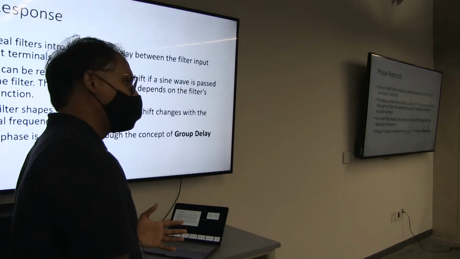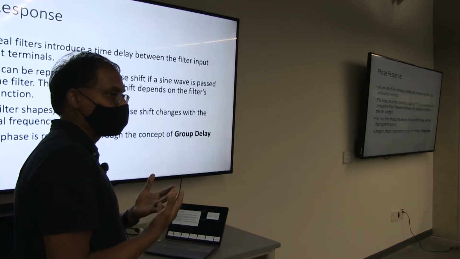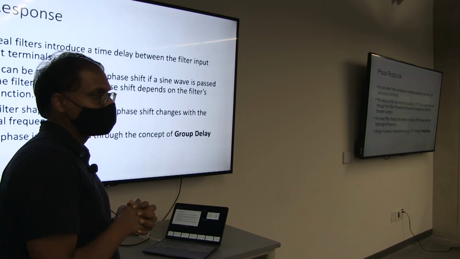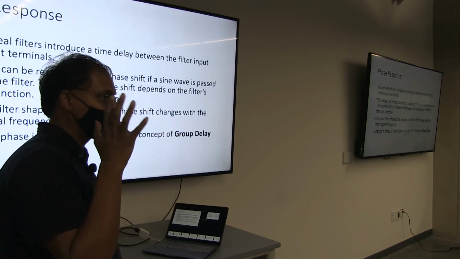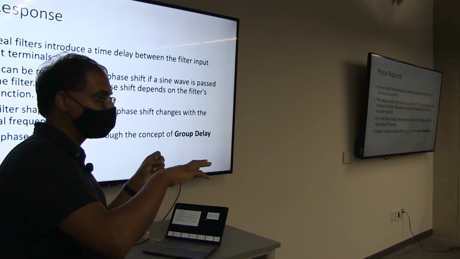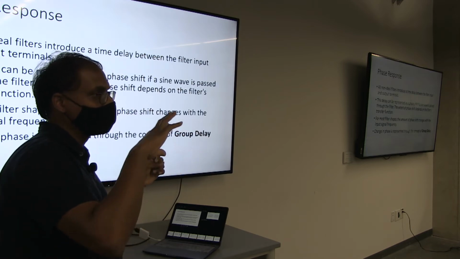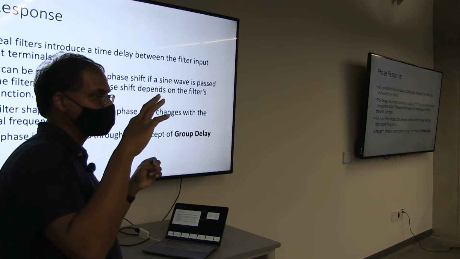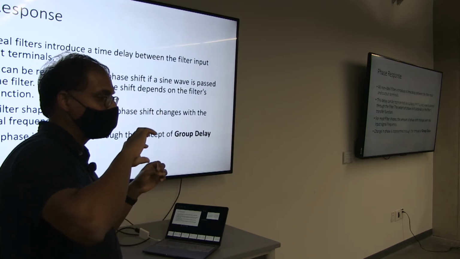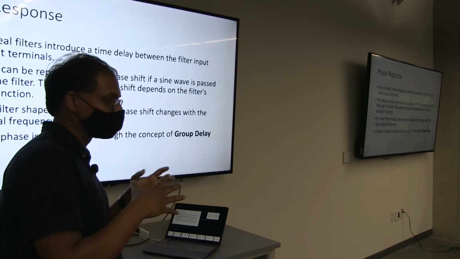After amplitude, the other main filter response is the phase response. In an ideal world, if we consider a filter as a black box, we give an input and we want the signal not to be delayed, and whatever frequencies are of interest should be passed through, everything else removed.